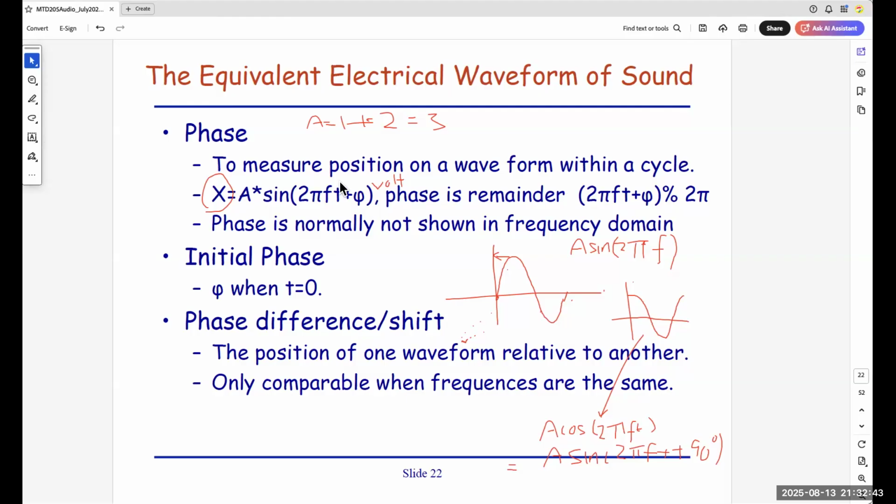F itself is in terms of hertz. Based on the previous slide, F is in terms of hertz. This is in terms of seconds. Then V is in terms of volts. Of course, I will go to that later on. Then A itself, multiplied with this sine wave, has no units, and therefore eventually becomes volts.